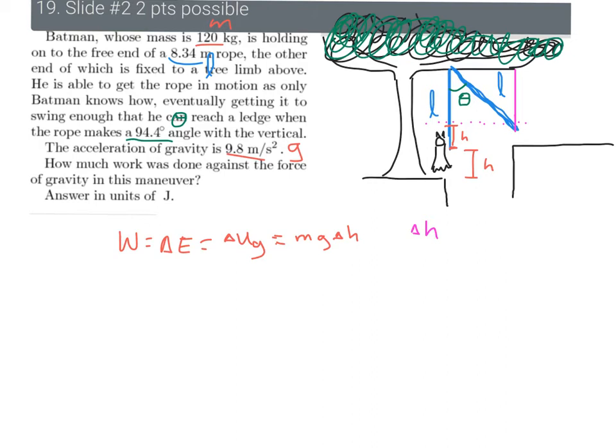Alright, so this makes a little triangle. And if we're using our trig identities, then for our triangle here, this distance is going to be equal to the length L times the cosine of our angle.